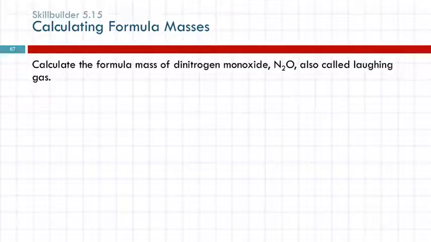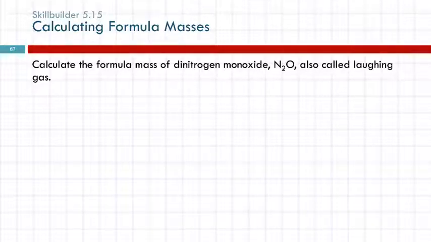Let's look at an example here. So the formula mass means the mass of one formula of this. Okay? So dinitrogen monoxide, N2O. So we want to know how much would the formula weigh? There are 2 nitrogen atoms in the formula and 1 oxygen atom in the formula, right?